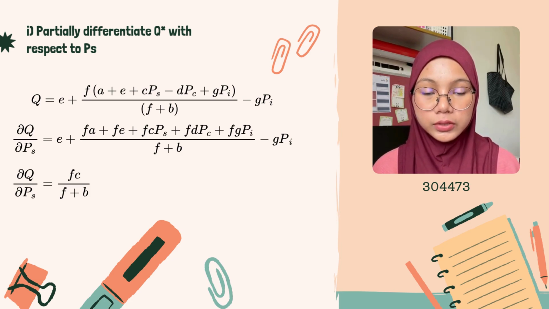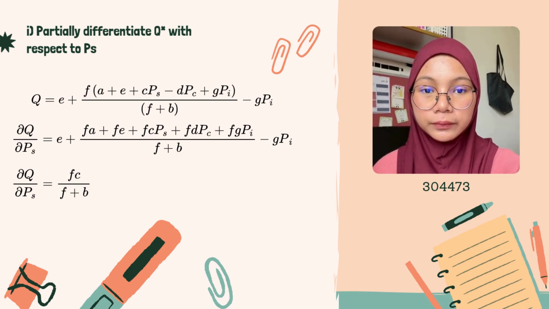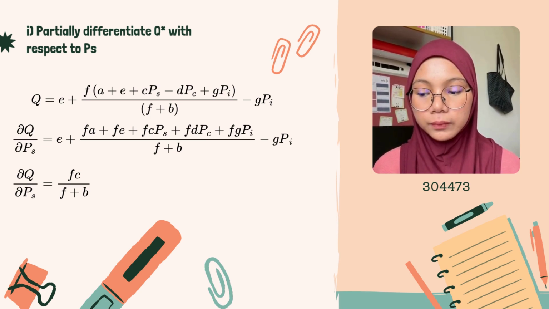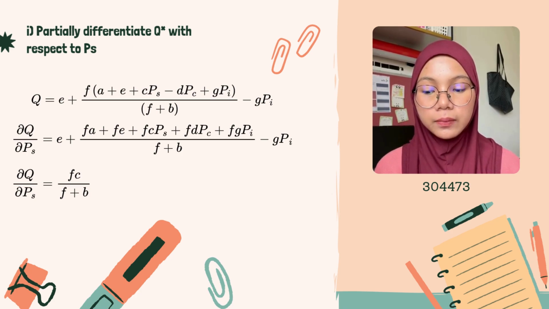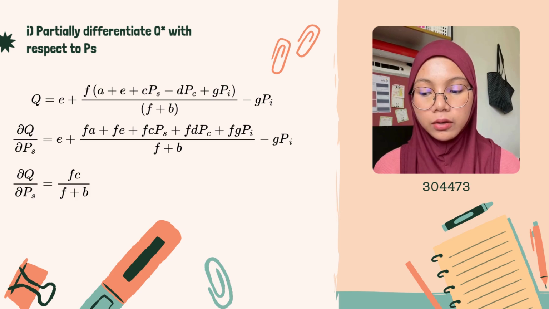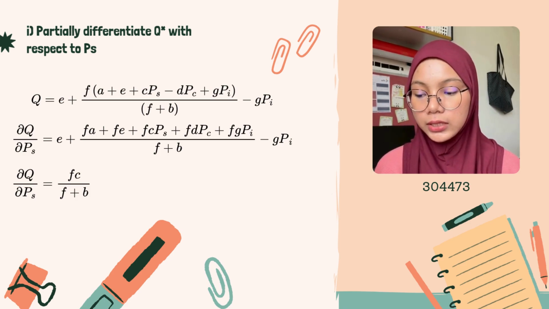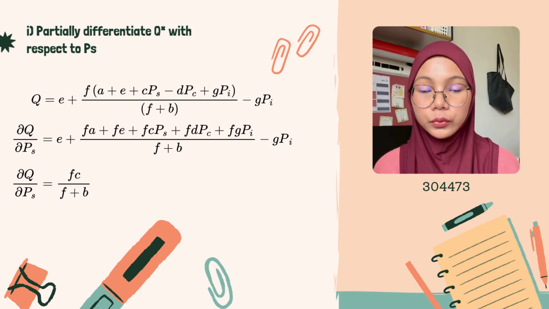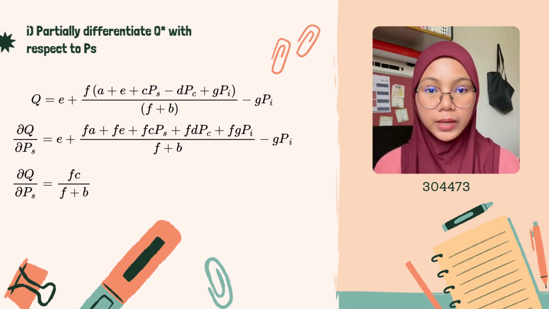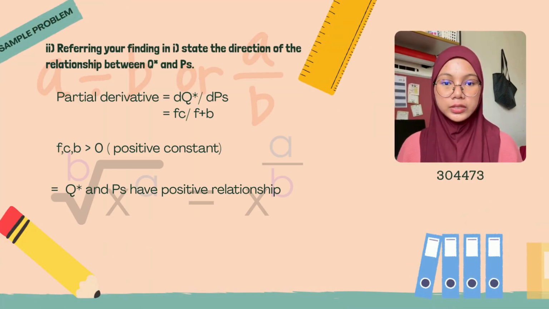Since all the other variables are constant with respect to P sub S, we focus only on the term that includes P sub S. So our answer is the partial of Q star with respect to P sub S equals FC over F plus B.